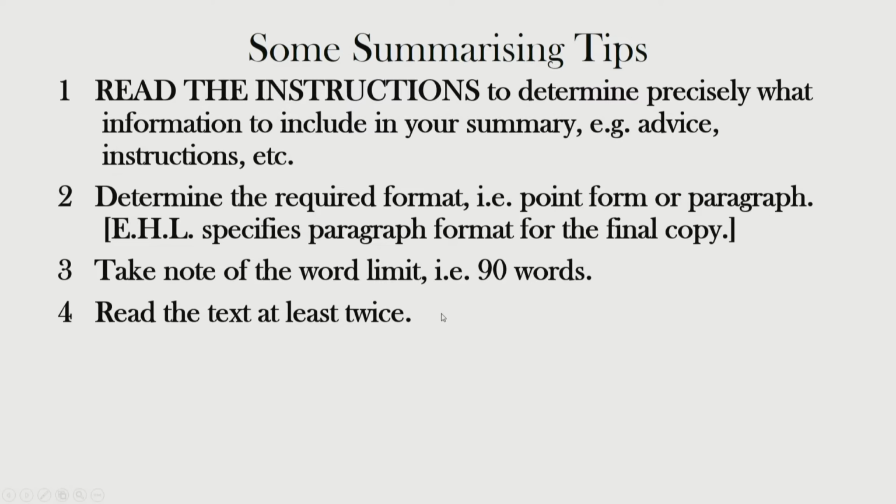Now, here goes. Now we get to the nuts and bolts, the actual things to do. The first thing you do, once you have read your instructions, is to read through the text. And I've put here at least twice. It makes a difference. You get a better idea of what's going on once you have gone through the text twice. This text is not a long one. It's only 350 words, more or less.